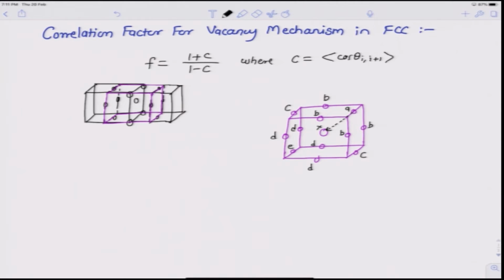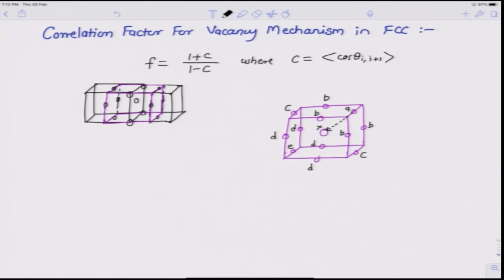So, now let us consider the first jump of our tagged atom. A tagged atom is the atom that we are tracking. Remember, we derived these expressions for mean square displacement for a large number of atoms.